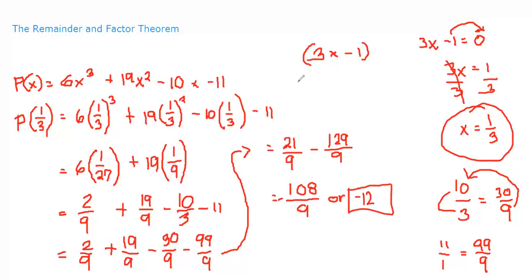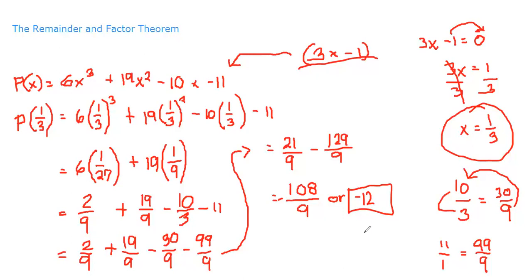Do you think 3x minus 1 is a factor of this polynomial or not? Since we have a remainder of negative 12, this is not a factor. So 3x minus 1 is not a factor of this polynomial.